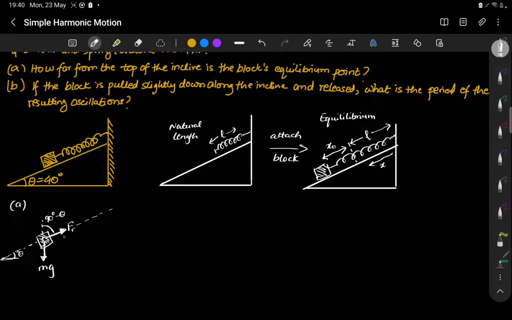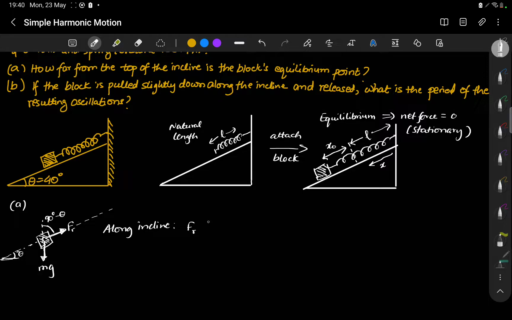So if we write down the components along the incline, remember this is in equilibrium. Equilibrium means that net force is 0 and everything is stationary. So if we write down the components of the forces along the incline, then we will see that in equilibrium the forces are Fr, and due to the weight we will have a component.